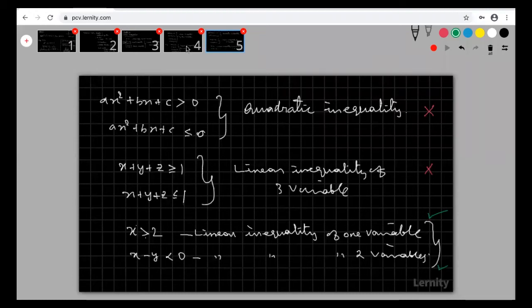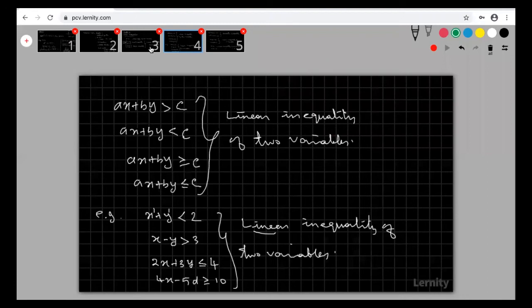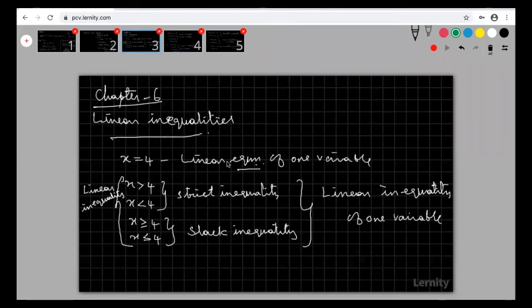Yeah, I'm explaining. Now look at that. Dear students, I am repeating that. Please try to understand. Okay, so our linear inequality means, your x is equal to 4 is a linear equation of one variable.